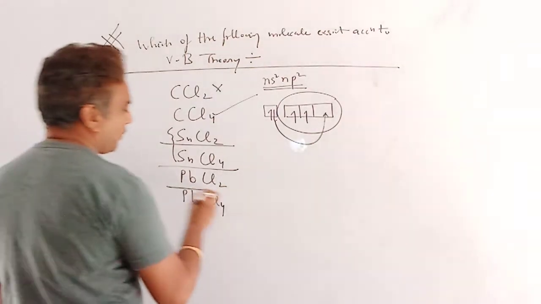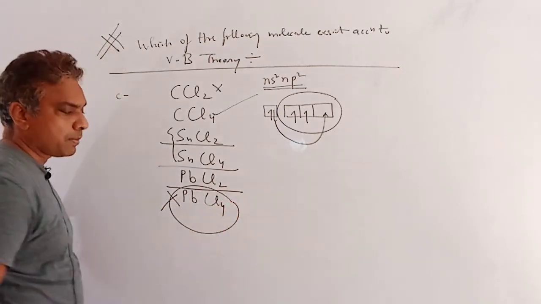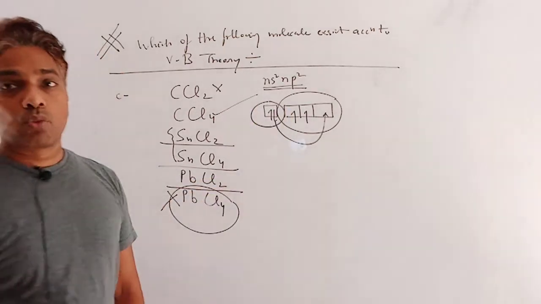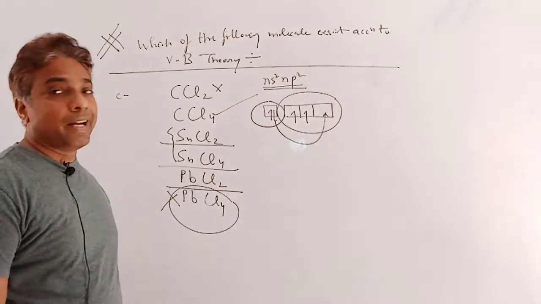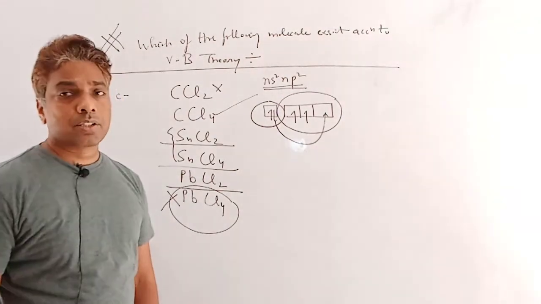And in case of lead, PbCl4 does not exist due to inert pair effect. The ns electron is surrounded by n-1 d electrons of lead, so it doesn't take part in excited state.